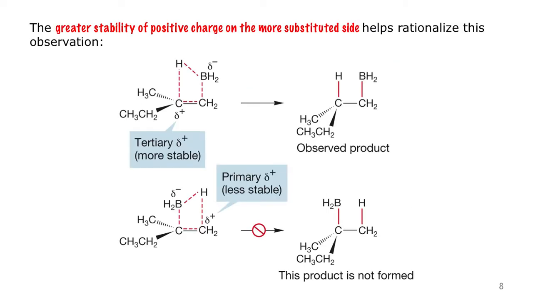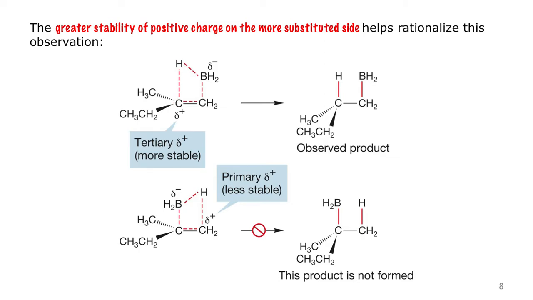It turns out there's another aspect, and if you think about the transition state a little more closely, electronics actually steers the reaction this way too. Because in the transition state we're taking electrons away from the carbon-carbon double bond and using them to form that bond to boron, we would have the development of a partial positive charge on one of the carbons. That would be the carbon that the hydride ultimately adds to.